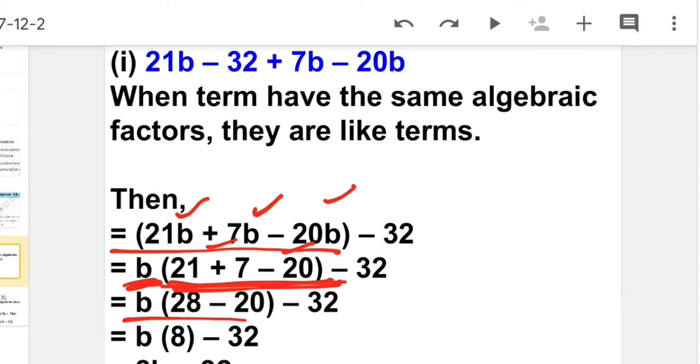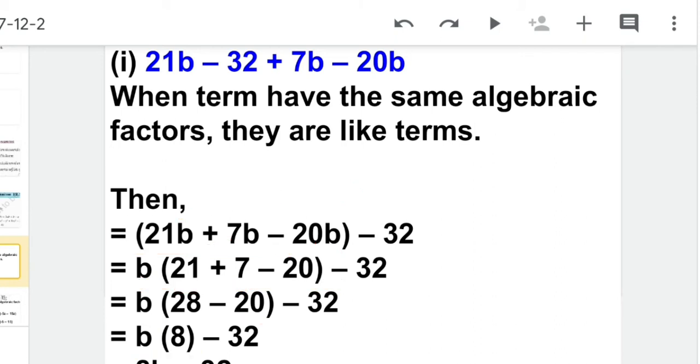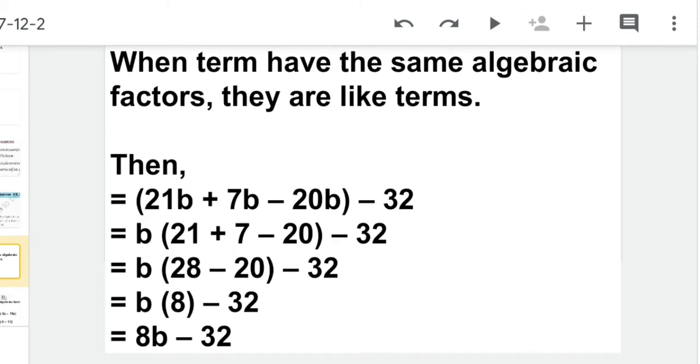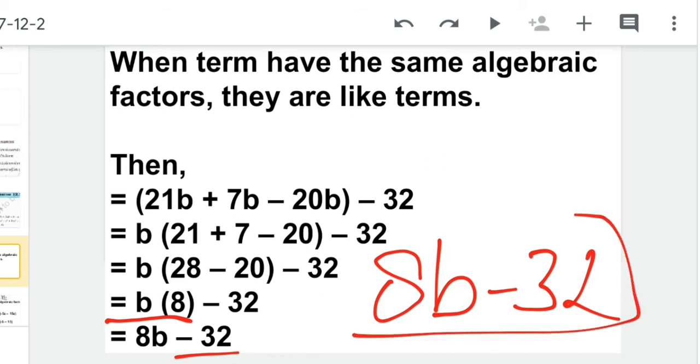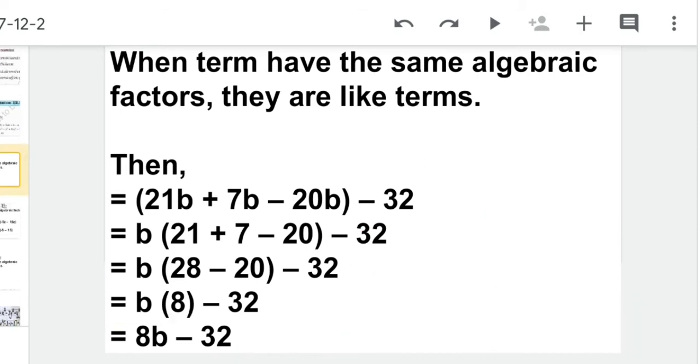After solving this, we get 8 as the answer. Now 8 is multiplying with b, so we can write it as 8b, and we have minus 32 at the end. So this is our answer. This is the way we have to solve it.